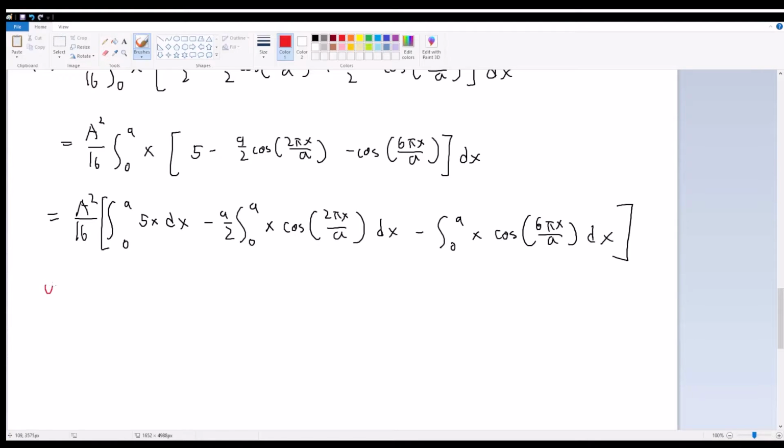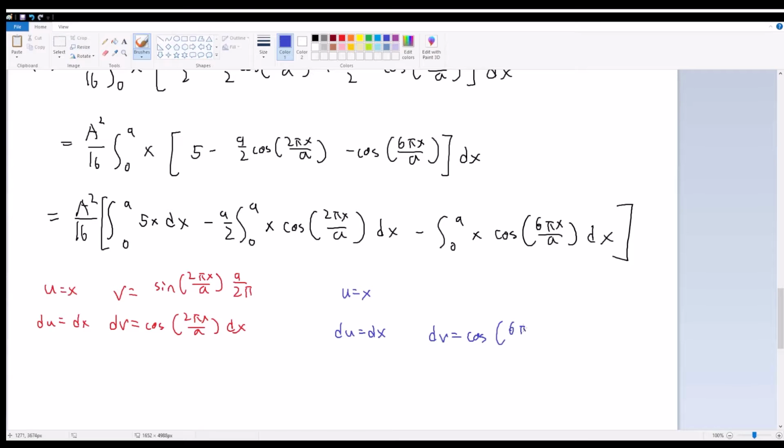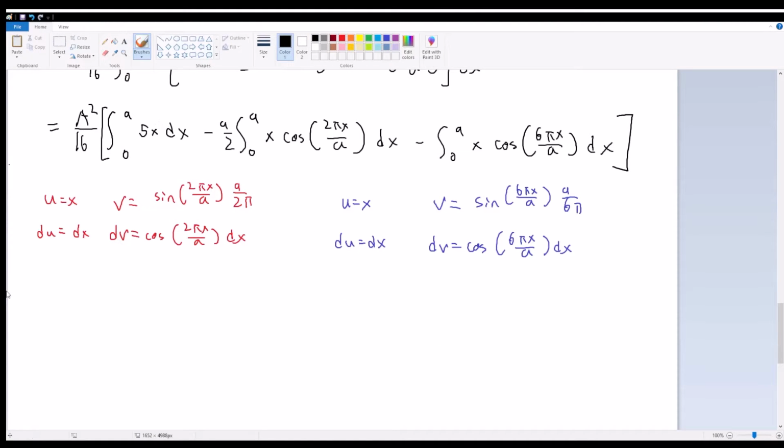So u is equal to x, du is equal to dx, dv is equal to cosine 2 pi x over a dx. So that means v is equal to sine 2 pi x over a times a over 2 pi. Similarly, u is equal to x, du is equal to dx, dv is equal to cosine 6 pi x over a times dx, and then v is going to equal sine 6 pi x over a multiplied by a over 6 pi.